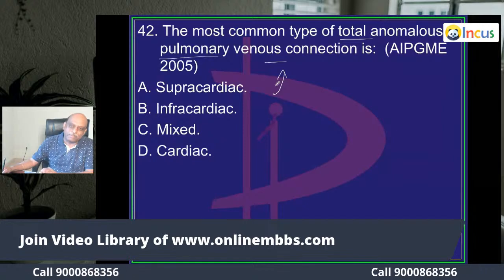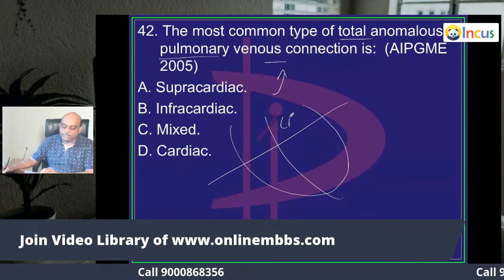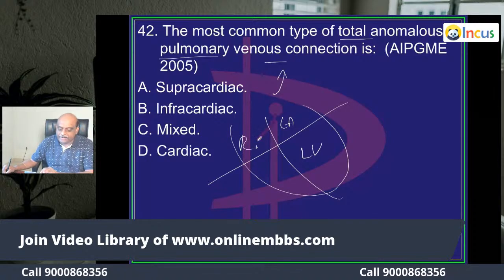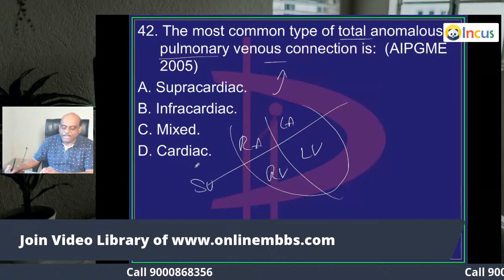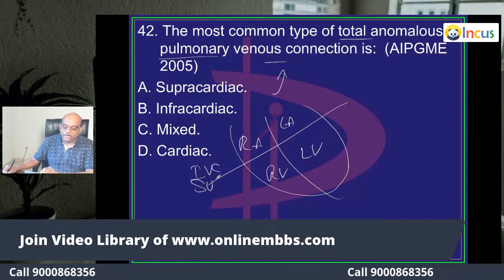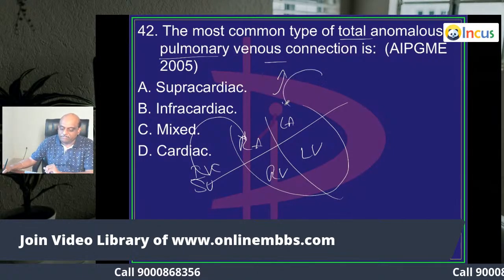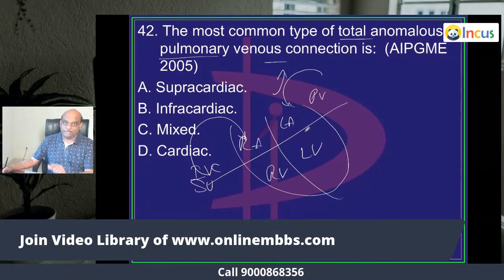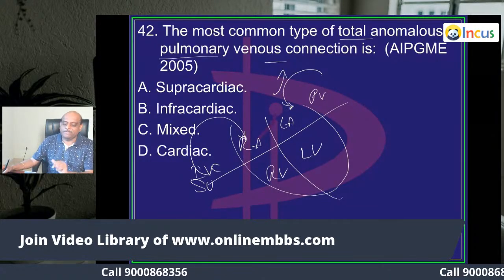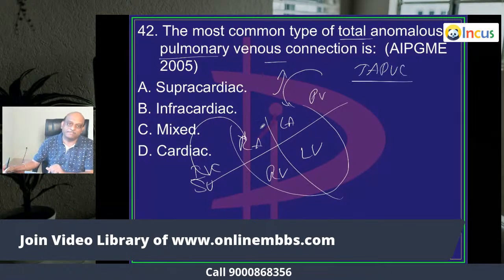What is anomalous pulmonary venous connection? Left atrium, left ventricle, right atrium, right ventricle. Where will SVC, IVC, they all drain into? The right atrium. Pulmonary vein is supposed to drain into left atrium. But what will pulmonary vein do in TAPVC, total anomalous pulmonary venous circulation?